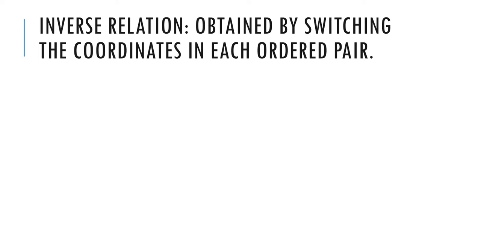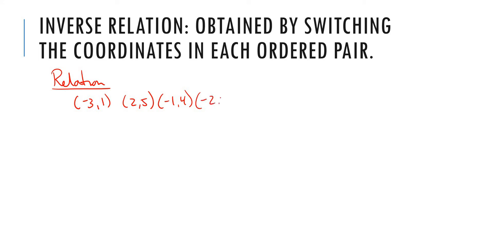The last thing we're going to look at in this section is inverse relations. And inverse relations are obtained by switching the coordinates in each ordered pair. So if I give you a relation that's represented by the ordered pairs -3, 1, 2, 5, -1, 4, and -2, 3, the inverse of this relation is represented by 1, -3.